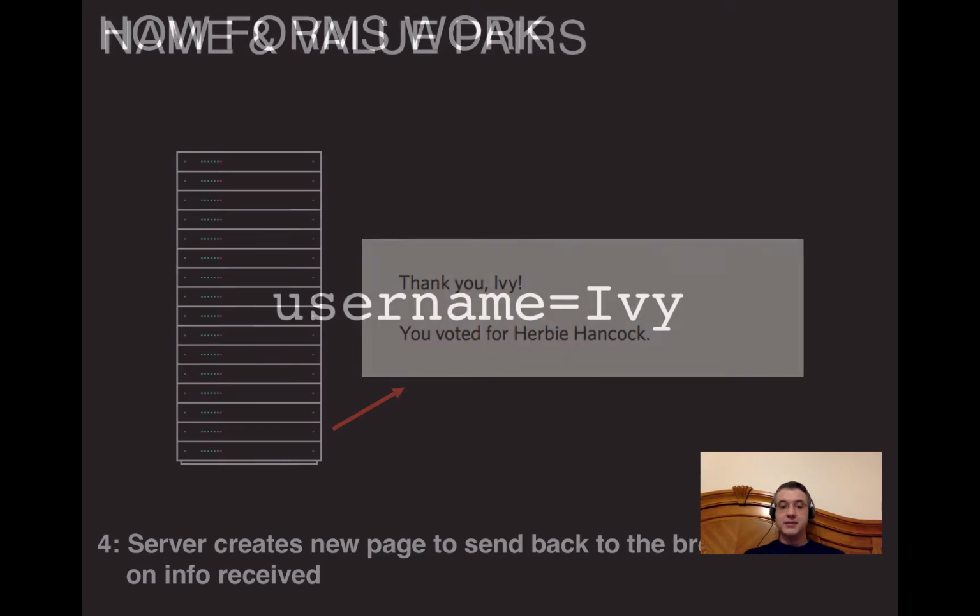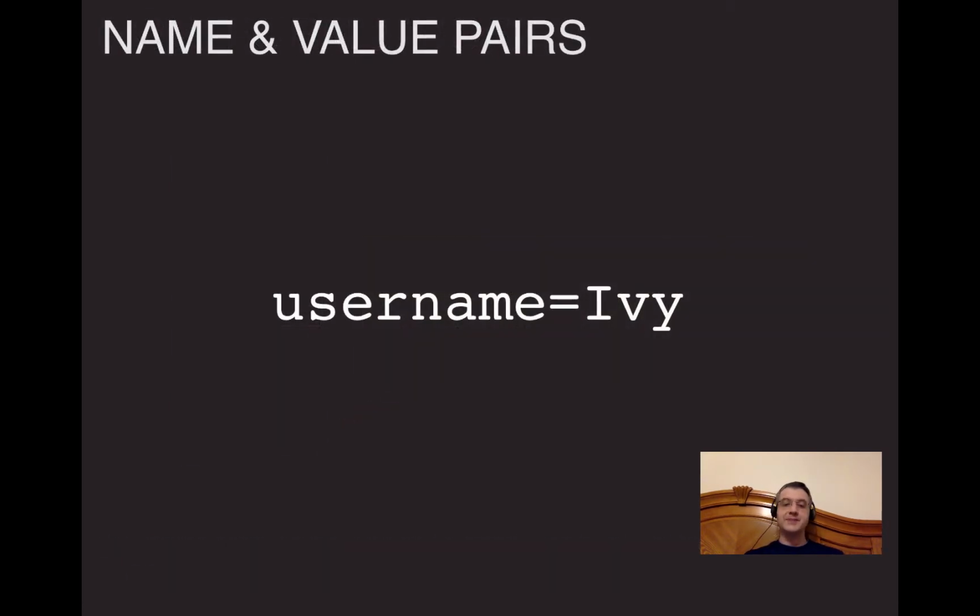Okay, this is what I was going to show you a second ago. What you're sending up to the server is something called name-value pairs, which is the name of the data you're sending, in this case username, and the value, in this case Ivy. When you have a form like that, you're sending the server a big long list of however many fields are in that form.